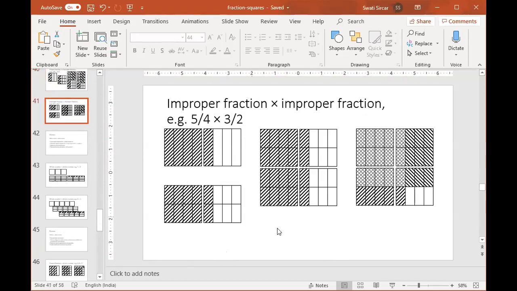And this is where it is improper times improper. Okay, so you start with an improper, split it into half, and you need not just 2 but 3 halves. And you can see the spillover, this is the whole, and you can see a spillover this way and this way.